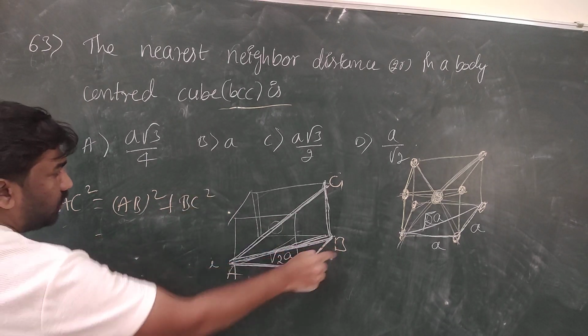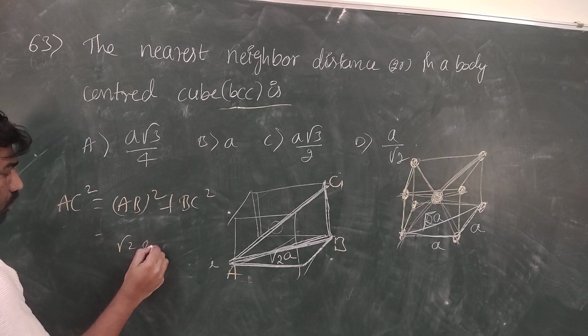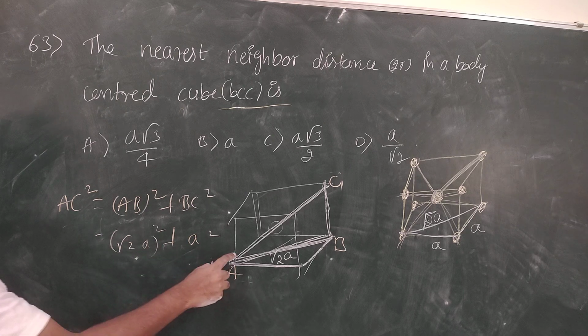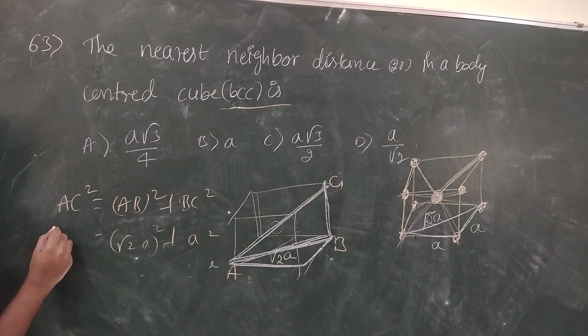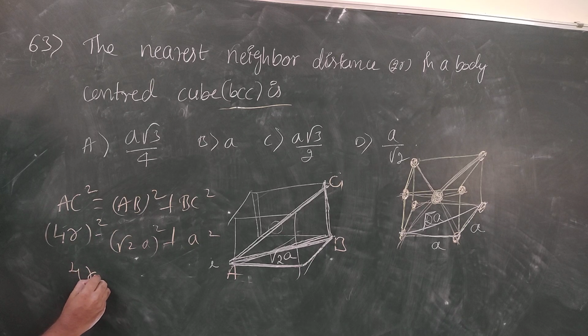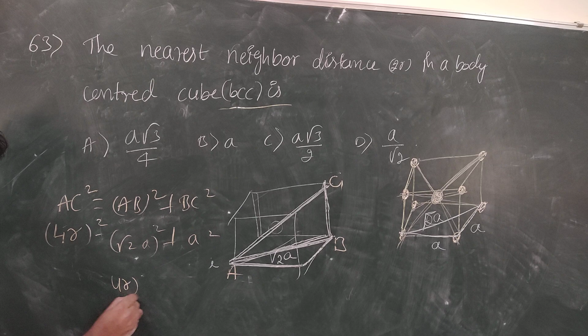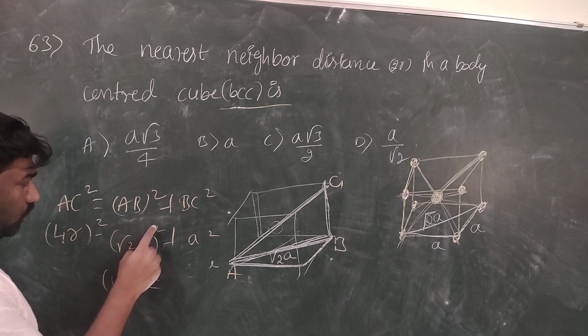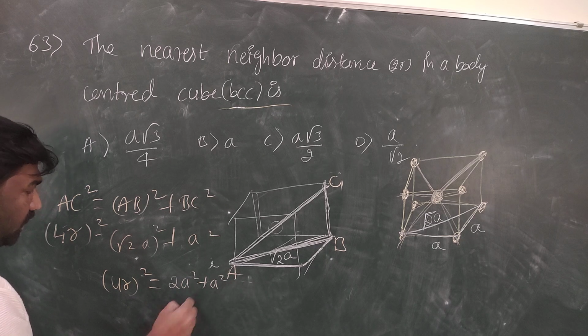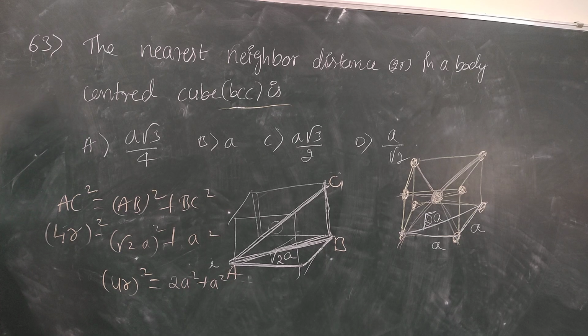AB square is root 2 a whole square, plus BC square which is a square, and AC is 4R, so 4R whole square is equal to 2a square plus a square, which is 3a square.